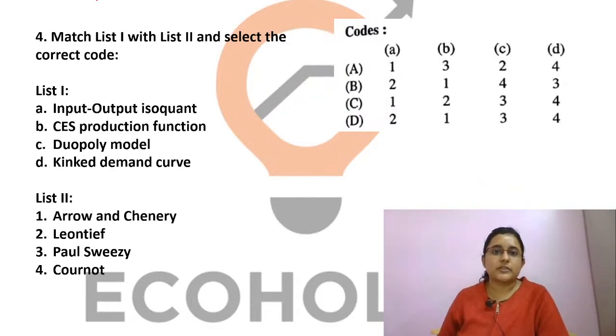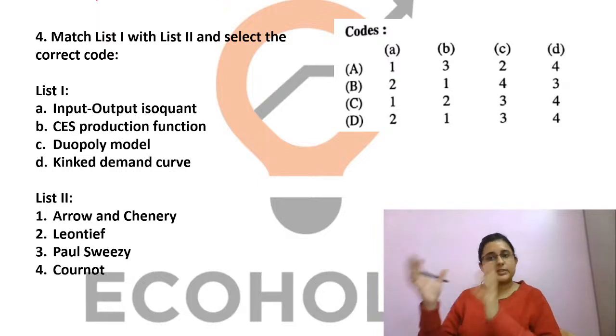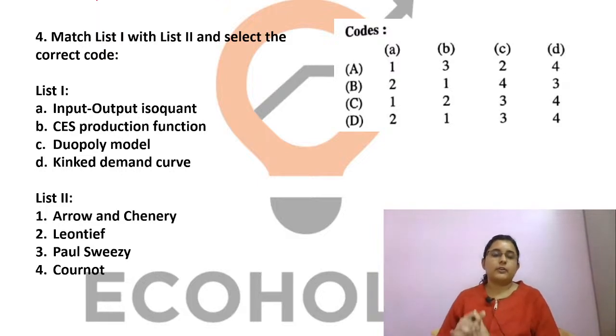Now this is the match the following question. You have been given list 1 and list 2 on the left hand side and the codes are given on the right hand side. Now you have to match list 1 with list 2. The first one in list 1 is input output isoquant. Number B, CES production function. Number C, duopoly model. Number D, King demand curve.